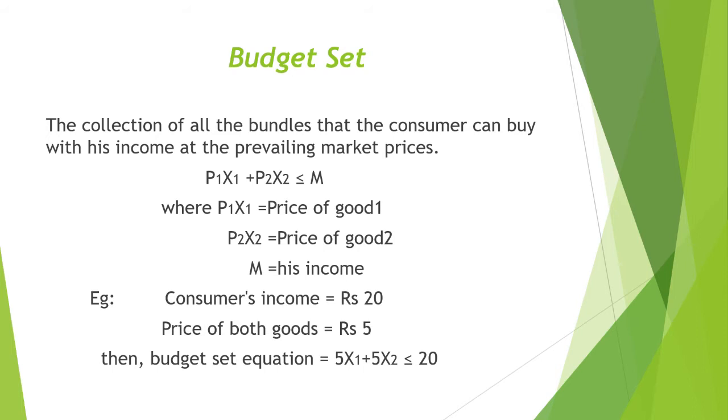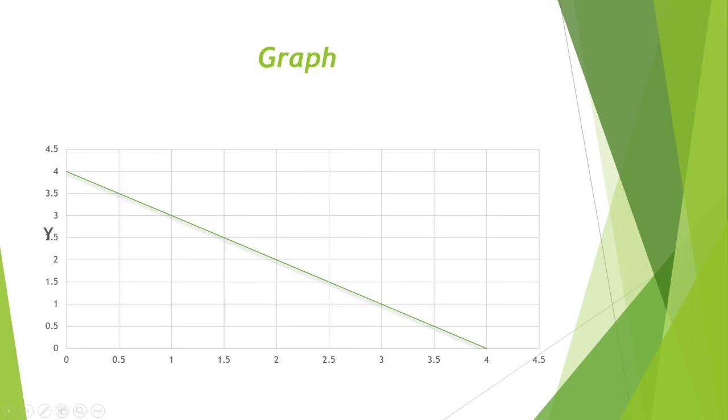The following graph shows various budget bundles of good 1 and good 2 whose cost is less than or equal to 20. Here the bundles (0,4), (1,3), (2,2), (3,1) and (4,0) are those bundles whose cost is exactly equal to rupees 20. The other bundles cost less than rupees 20.